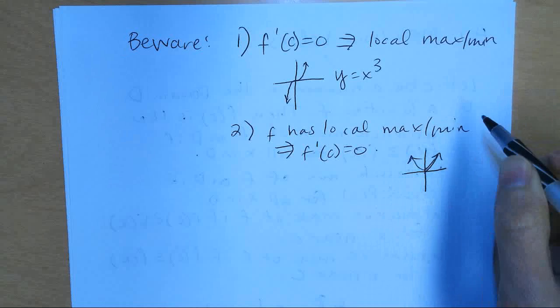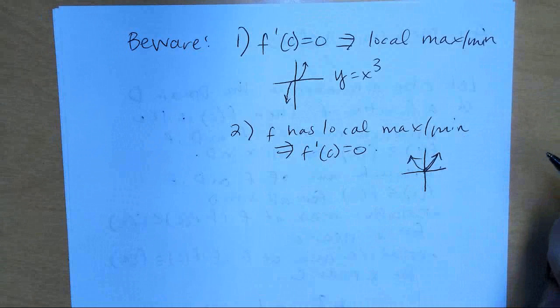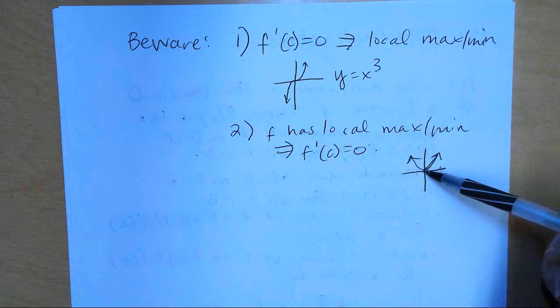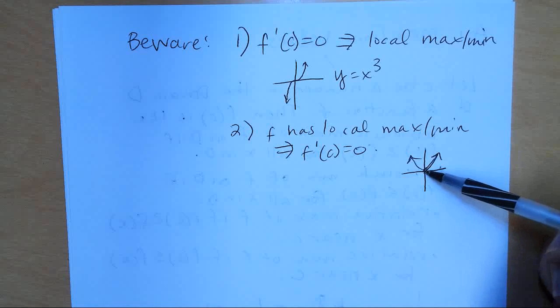Absolute value of x has a minimum value. But what is the derivative there? Undefined. Absolute value of x has a minimum value, but the derivative is not 0. The derivative is undefined.